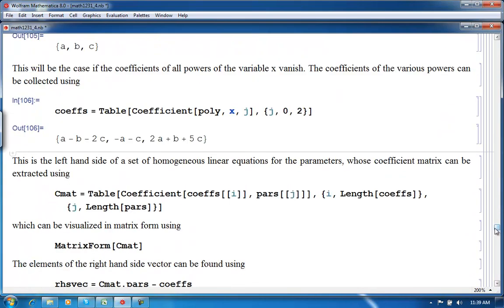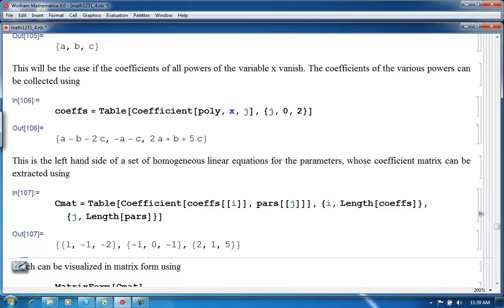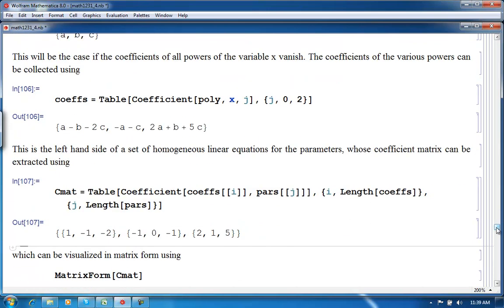And so to handle those, we need to extract the coefficient matrix, which is this, done using this, and we want to look at that as a matrix.